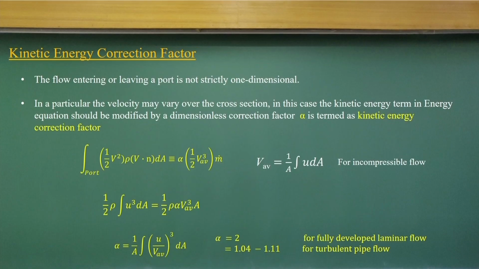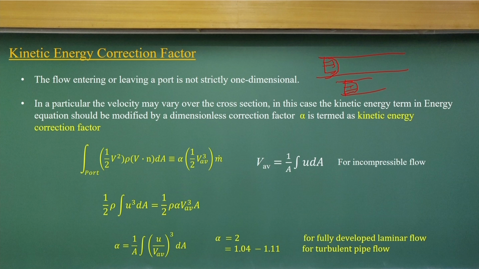Now, let us come back to fluid flow problems, like fluid flow through a pipe. Definitely the velocity distribution is not uniform. The velocity distribution will change from laminar to turbulent. The turbulent flow will have a logarithmic profile and the laminar flow will have a parabolic profile. So, the velocity distribution changes.